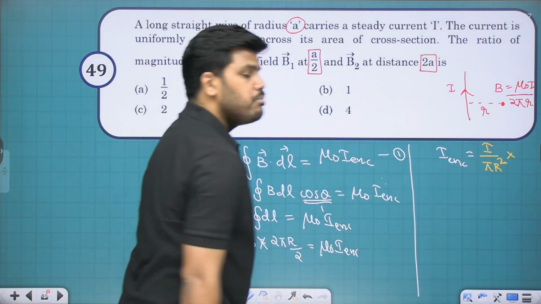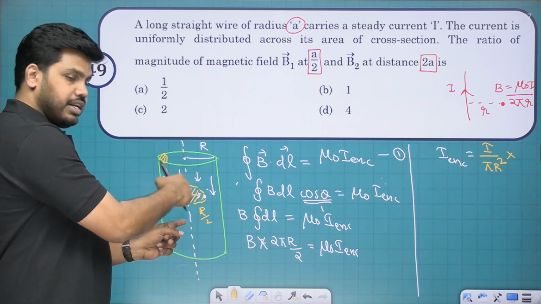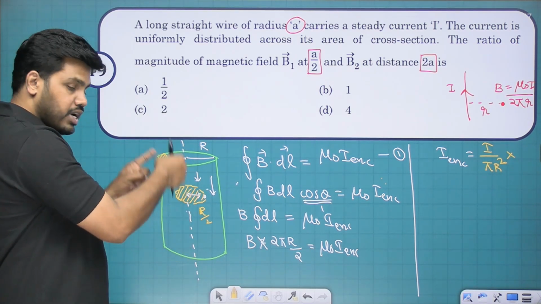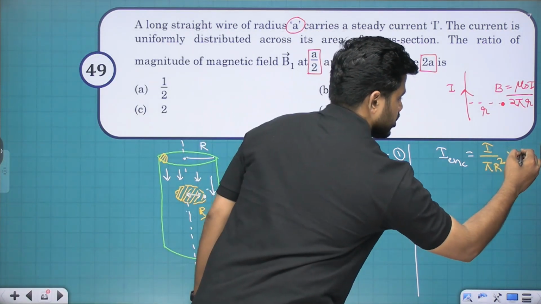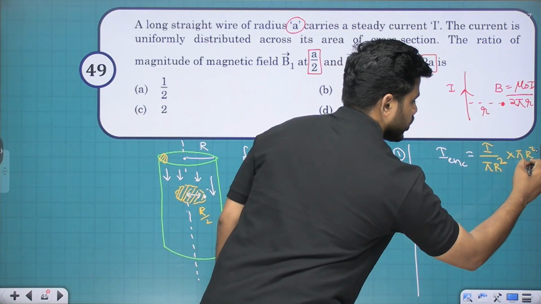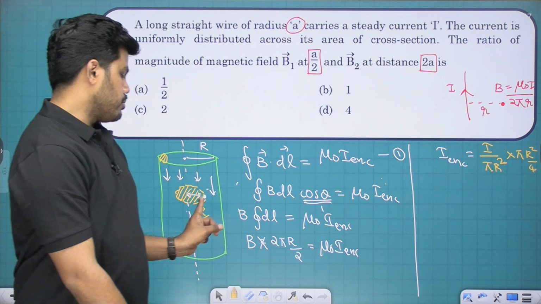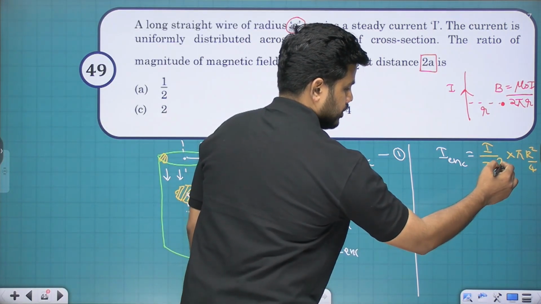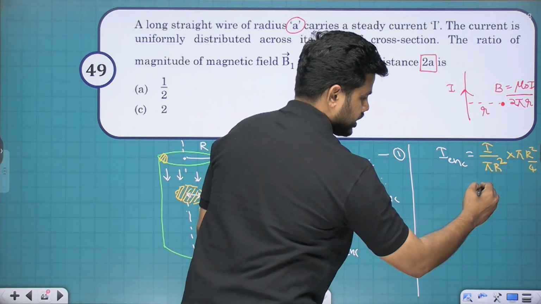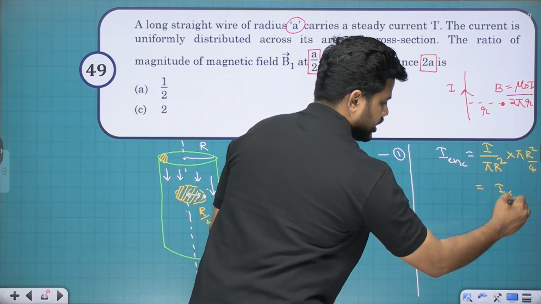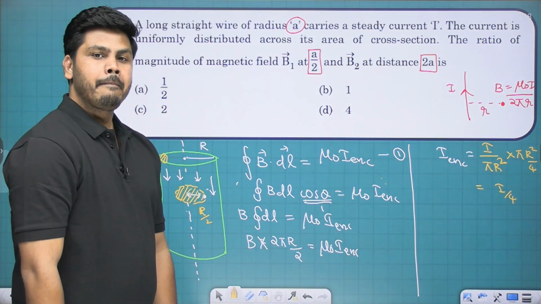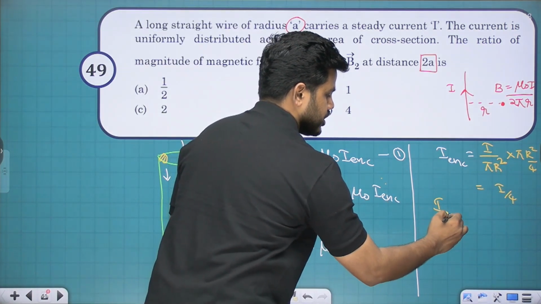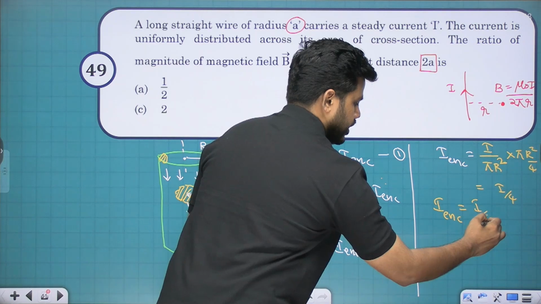That multiplied with the area of this loop, which is pi into R square by 4, because pi into R by 2 the whole square, gives the current through that area. You can cancel pi and R square from either side. What will you get? We get just I by 4. So I enclosed is equal to I by 4.